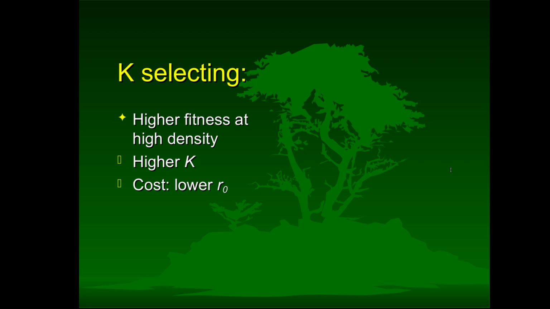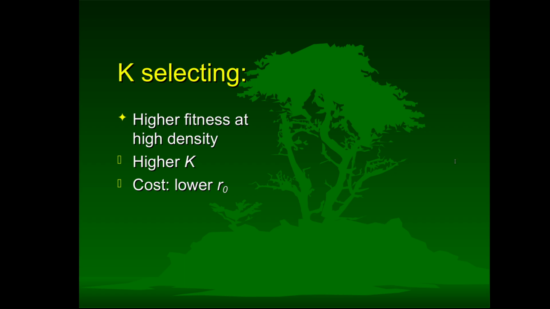So in a K-selecting environment, this is exactly what Darwin was talking about in the struggle for existence. At populations that are near their carrying capacity, resources are scarce, density-dependent factors reducing fitness are dominant, and there's a strong natural selection for ability to compete for resources, which means for food and space.